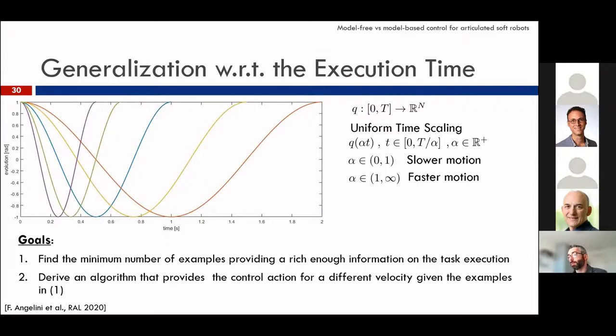Now the problem is to find the minimum number of examples that provide enough information to generalize, and then also to write an algorithm to do that. So in the previous case, in the stiffness case, one example, one learning process was enough to generalize with respect to the stiffness. In this case, we need more examples, and in particular, we need 5 of them, and I will show you just in a moment.